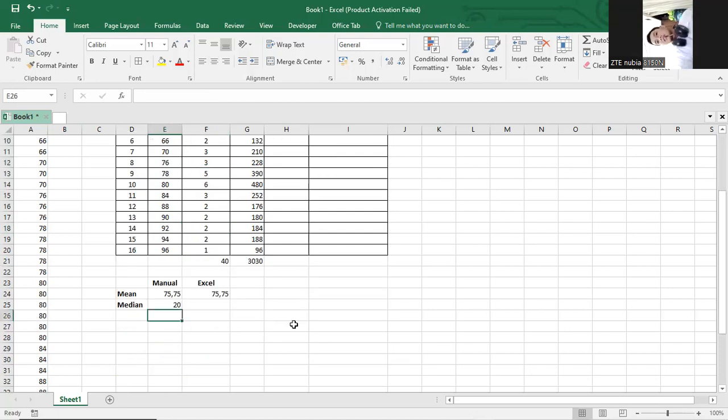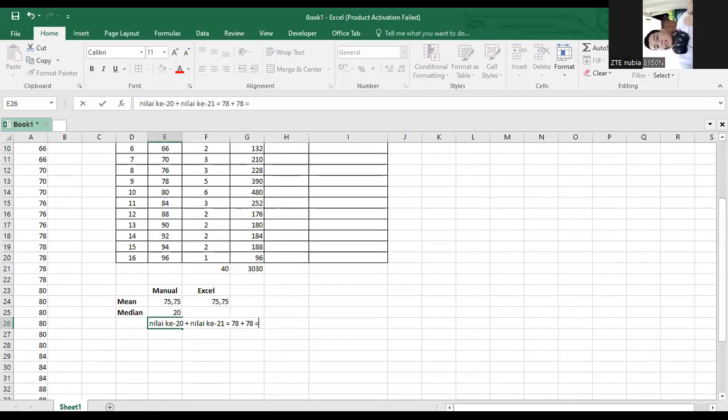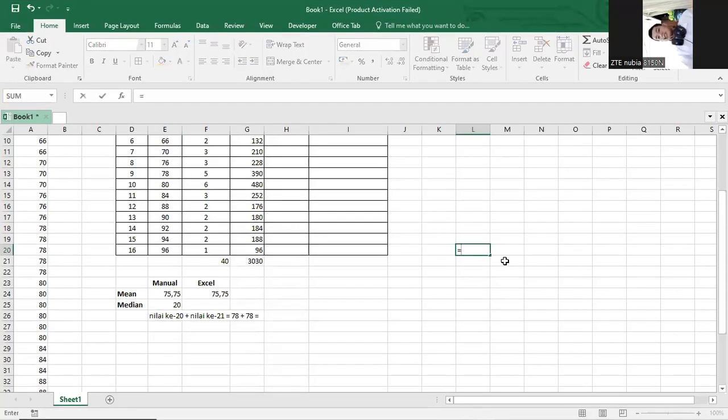Because the data count is even, we first add the 20th value and the 21st value to find the exact middle value, which is 78 plus 78. We do it here: 78 plus 78 is 156, and this is divided by 2. 156 divided by 2.